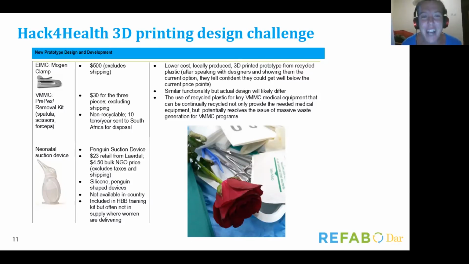And then last but not least is the Mogen clamp. And the Mogen clamp is what is used on the 8th day for those lovely baby circumcisions. It is a very heavy device, and they are $500 each. Ouch. So people don't use them.